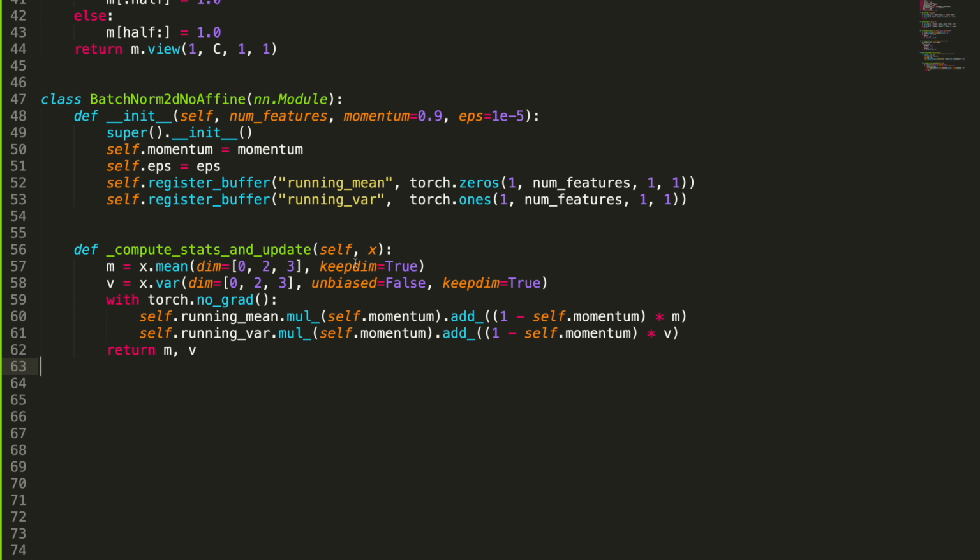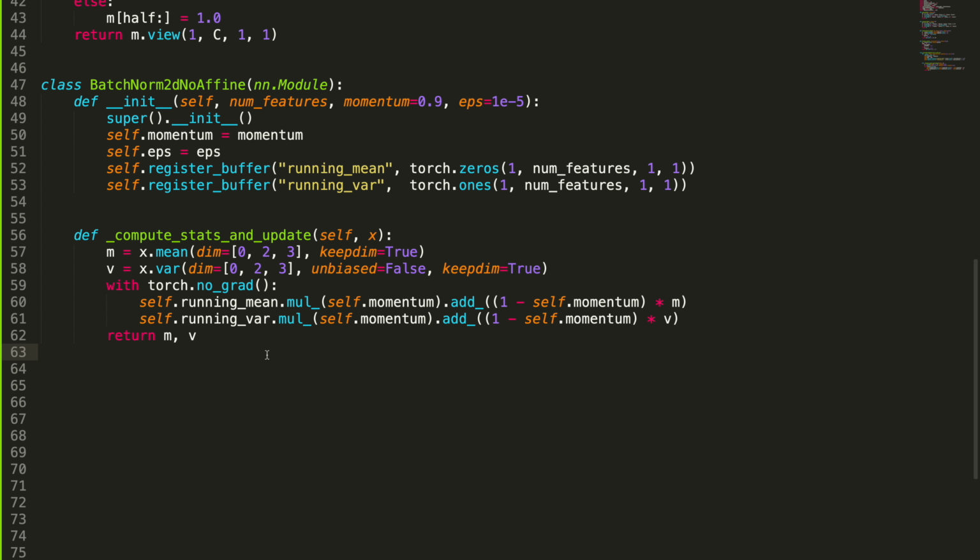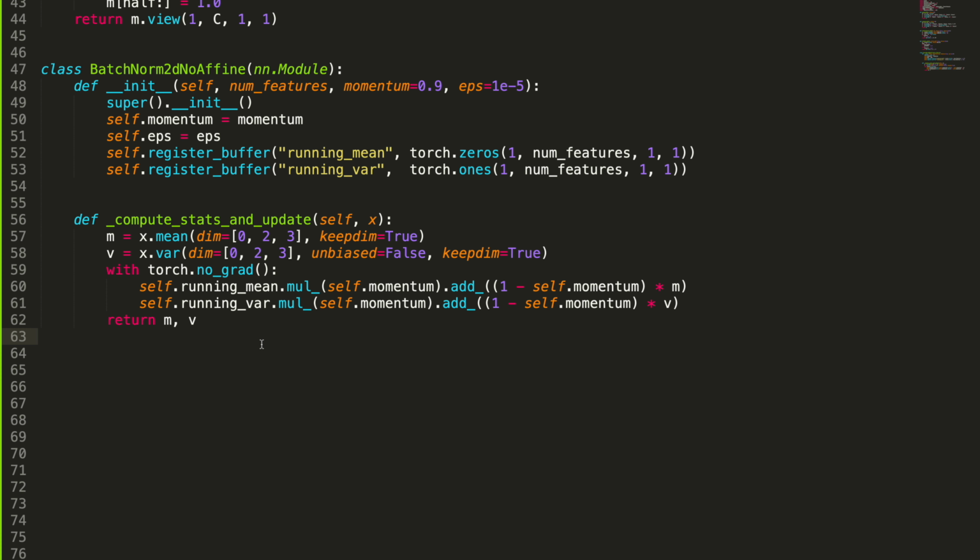I receive a batch X and compute the mean and the variance for this batch, and then I update the running mean and the running variance using a moving average. We multiply by the momentum, which is a hyperparameter, 0.9 by default. So I'm keeping the old value, but adding the new value with a 1 minus momentum, okay?